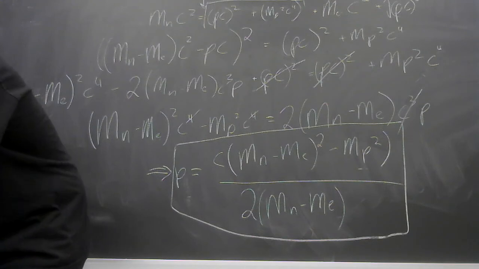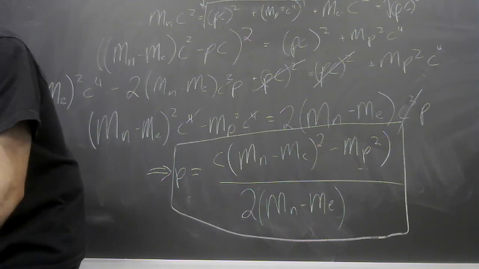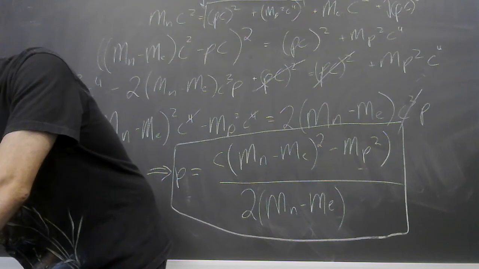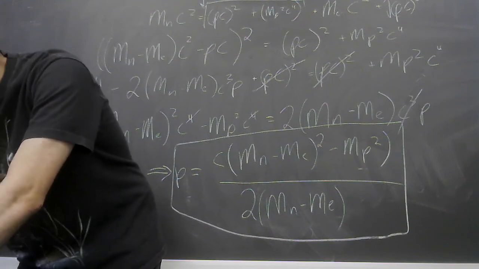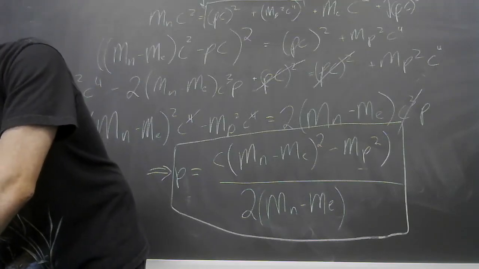The important thing about determining the kinetic energy of the proton is, what was that equation? I'm sorry, that's not on the first page, but it's going to be the kinetic energy equals the total energy minus the rest mass energy. That's the relativistic kinetic energy, essentially. And the rest mass energy is just mass times c squared.